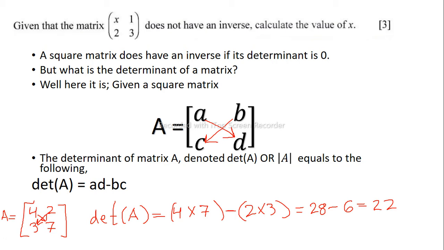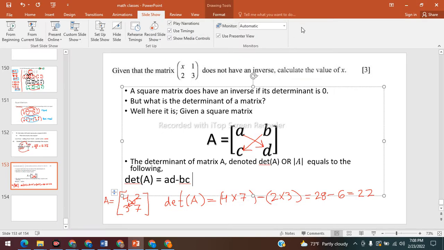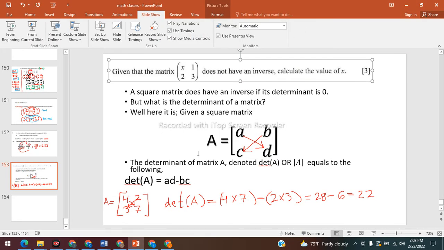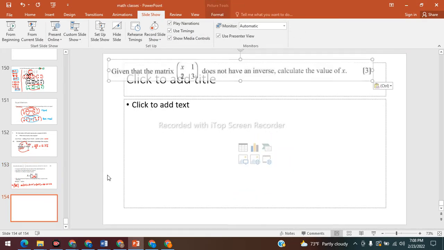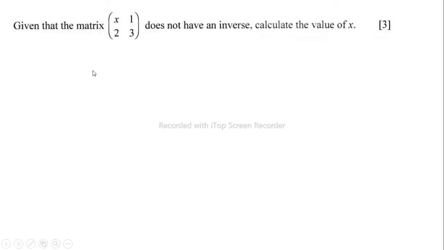So we say the following. Let's go back to this question. This is how you'd answer it. We'd say since this does not have an inverse, then its determinant is 0.